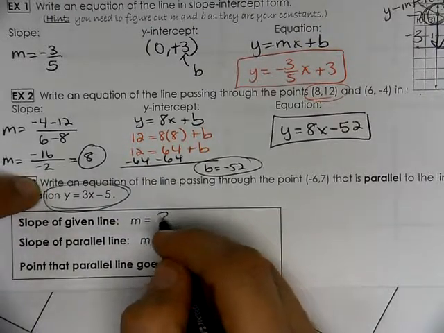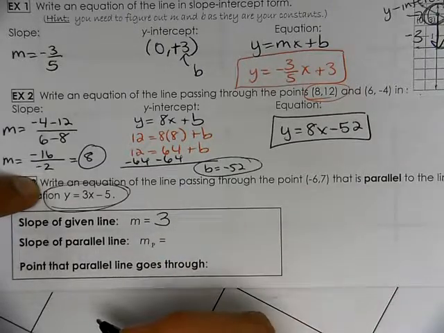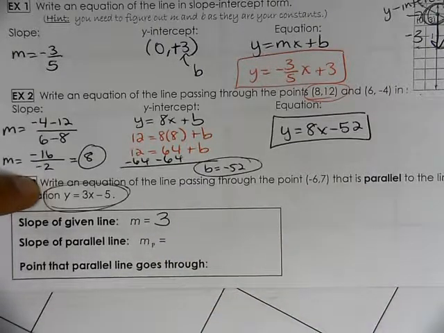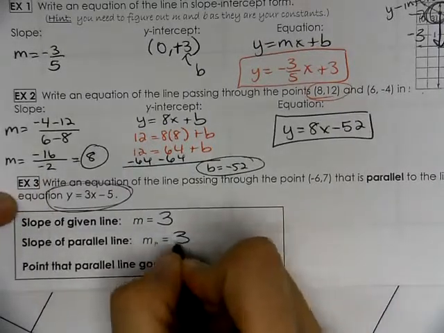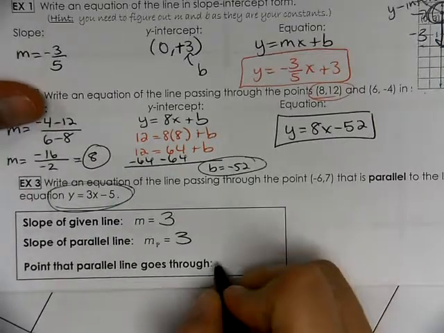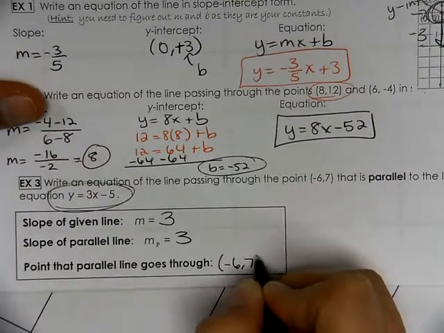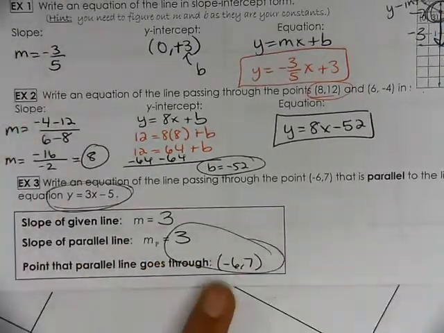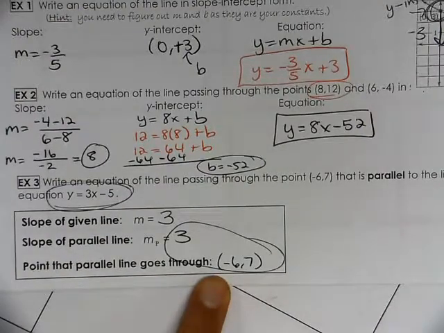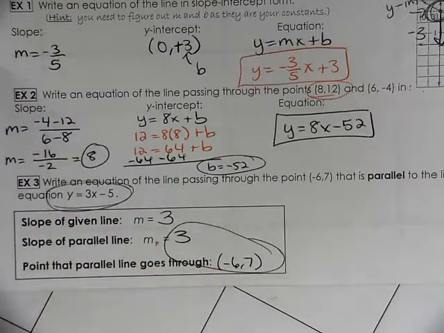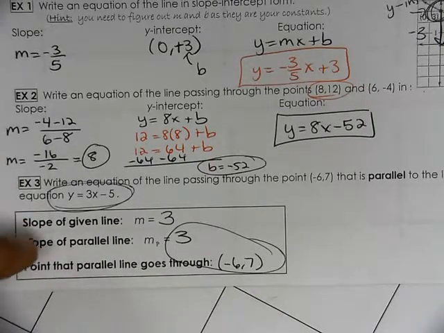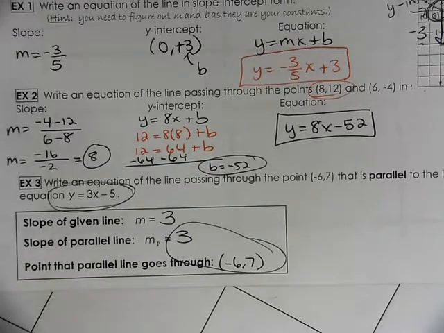The slope of this line is 3. If I have a parallel line, what should the slope of the parallel line be? I know it goes through negative 6, 7. I'm going to use these two pieces of information and do what I did in example 2: solve for the y-intercept. Once you have the given slope, find the parallel slope. They're the same.